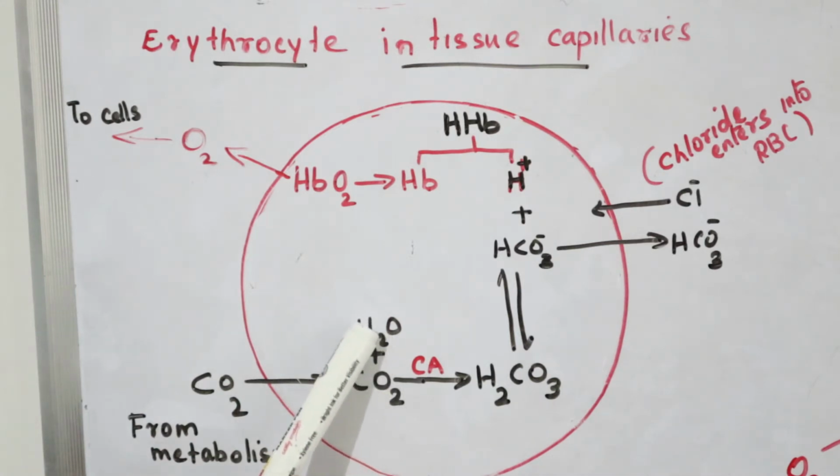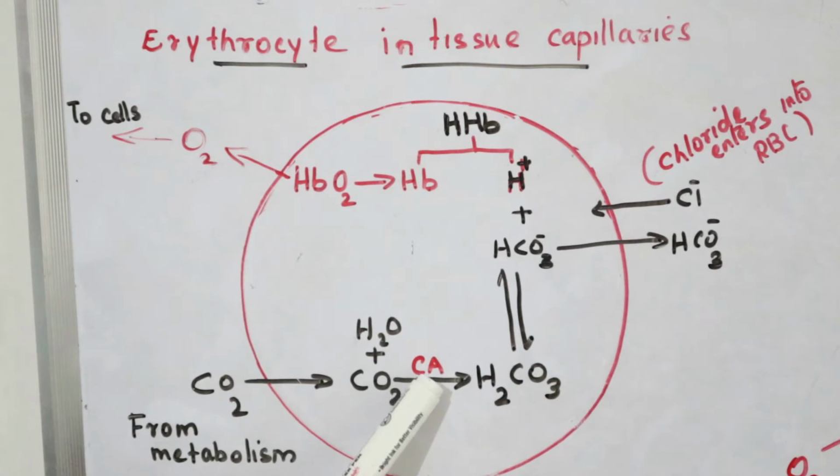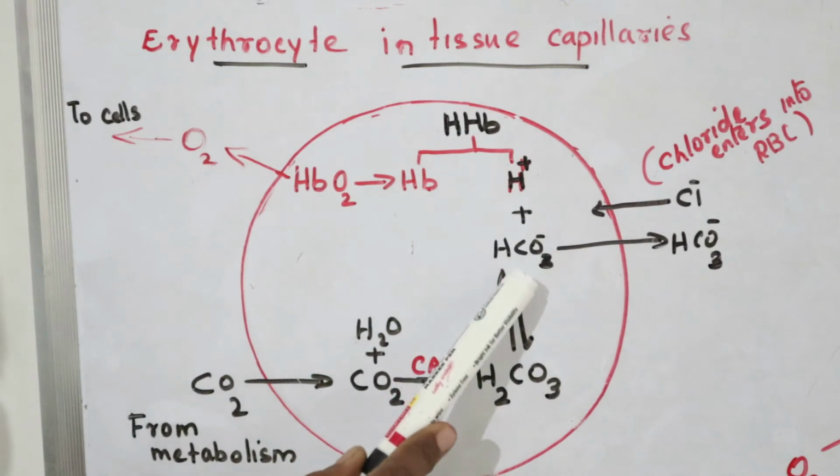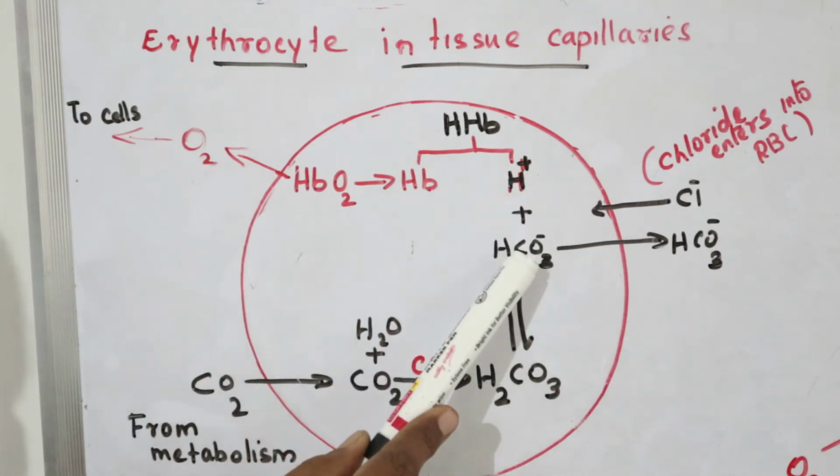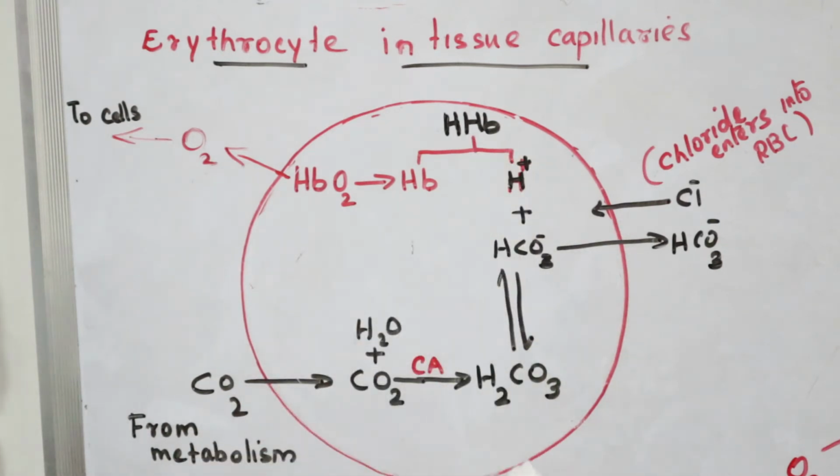There it combines with water, producing carbonic acid, H2CO3. Here comes the enzyme carbonic anhydrase, the fastest enzyme. Then this H2CO3 dissociates to HCO3 minus plus H plus, that is bicarbonate plus proton.